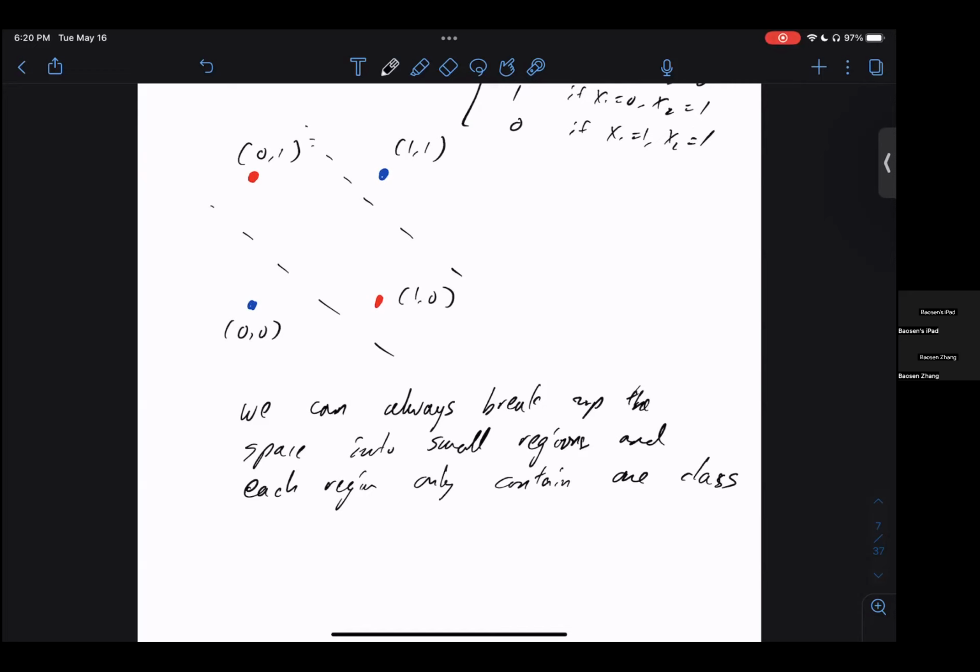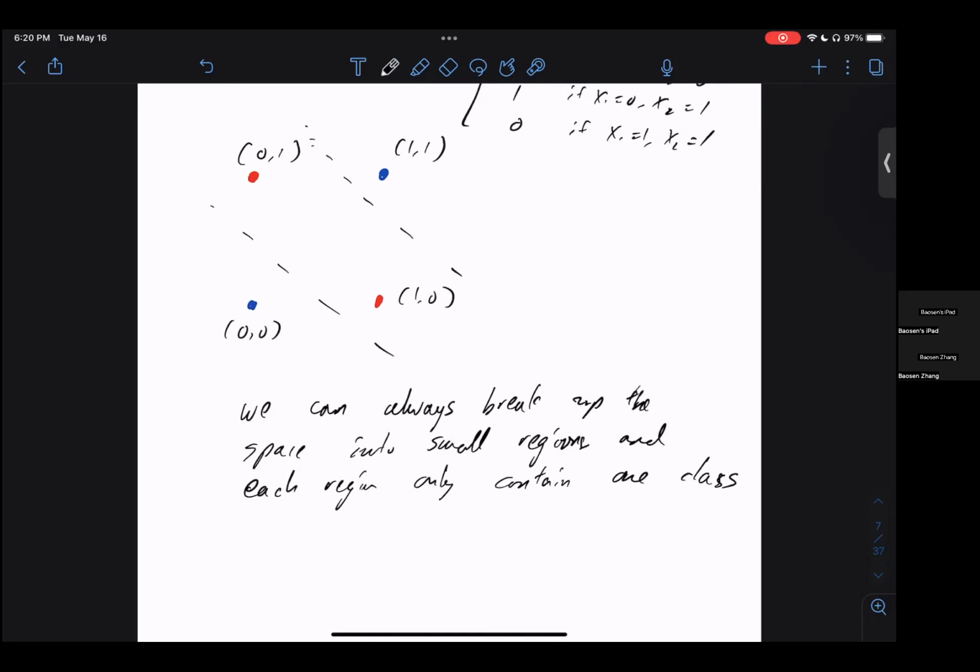You can keep subdividing the plane into more and more linear regions. If your regions are small enough, if you use enough lines, you're always guaranteed to do a good job in classification. At worst, each point is its own single region. You can always classify, okay?